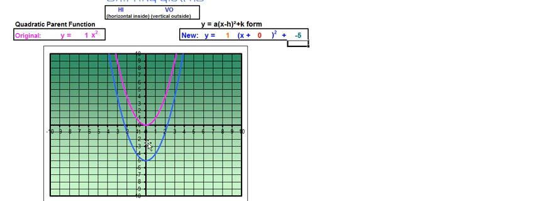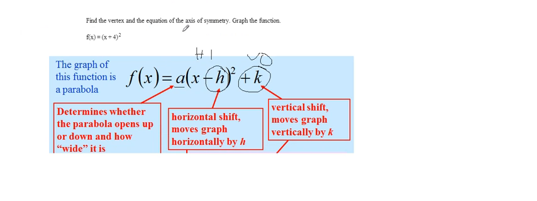So you always want to start right here with the parent function and shift it from there. A lot of books call it transformations, and that's what it is. They're transforming the parent graph into this new graph. So let's look at what the problem said on this one. It said x plus 4 in a parentheses squared. Notice it didn't add anything on the outside of the parentheses, or it was basically like adding a 0.